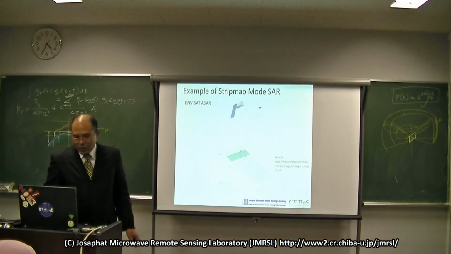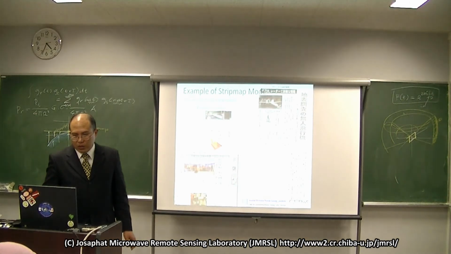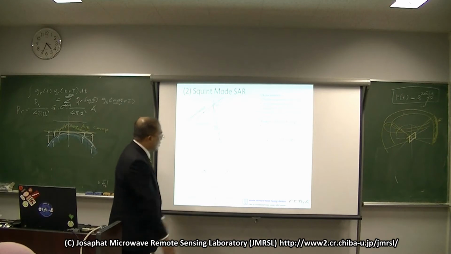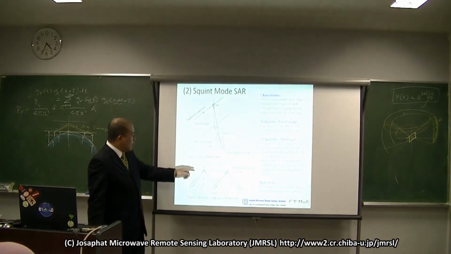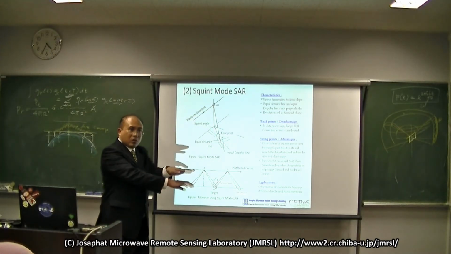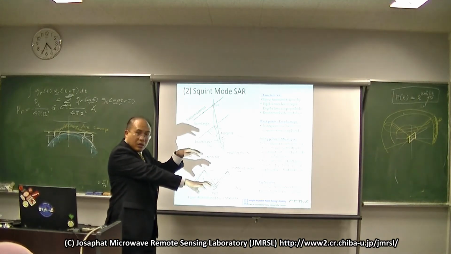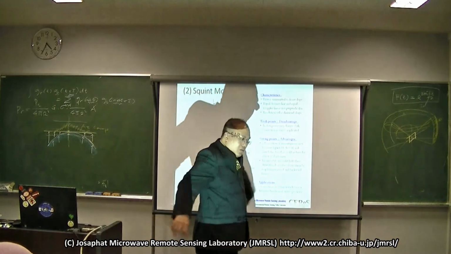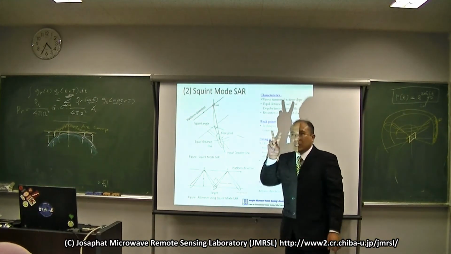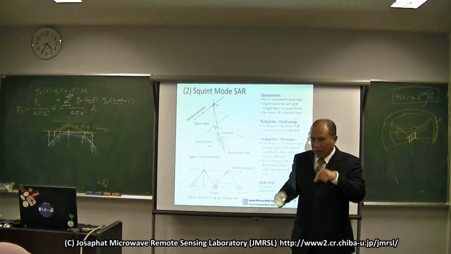Stripmap mode is used on many platforms, including our satellite and our UAV. And next is the scan mode. In this mode we move like this, but our antenna is moving like this, so we can observe one point twice, forward and backward.